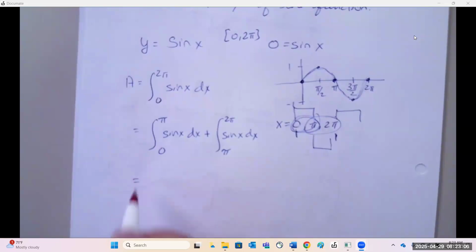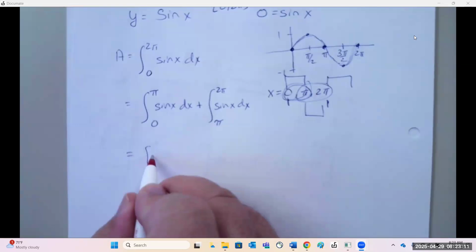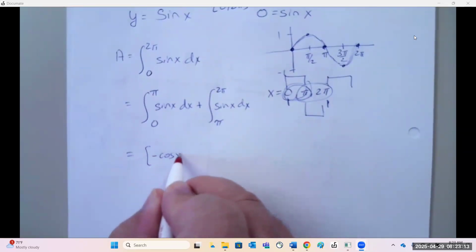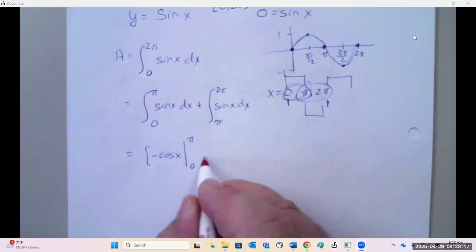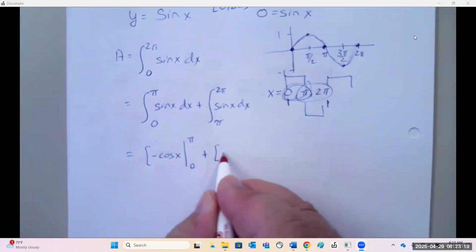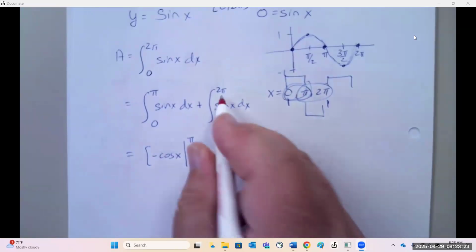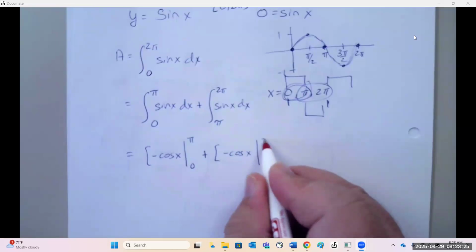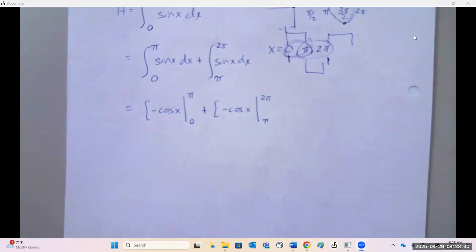Now we can take the integrals. So the integral of sine is negative cosine, going from 0 to pi, plus negative cosine from pi to 2 pi. It's going to give me the area of those pieces individually.